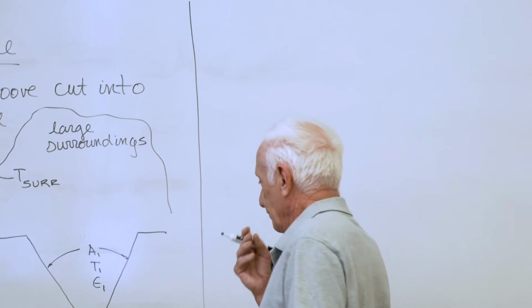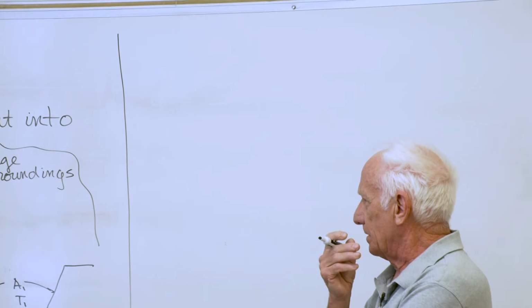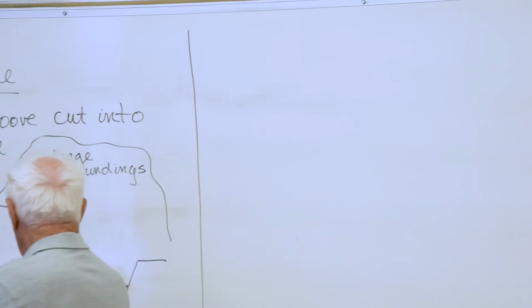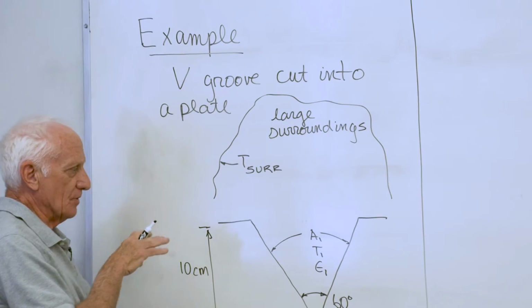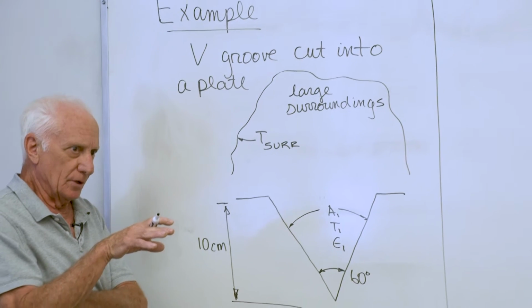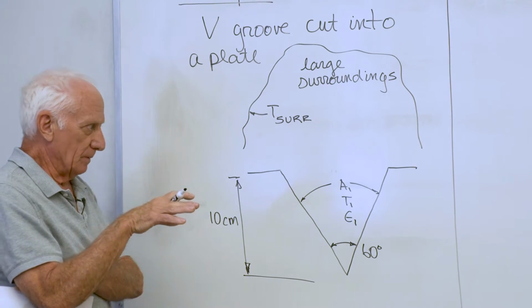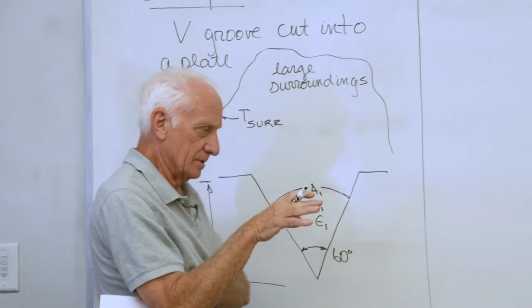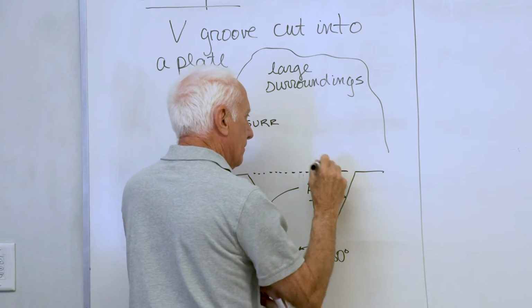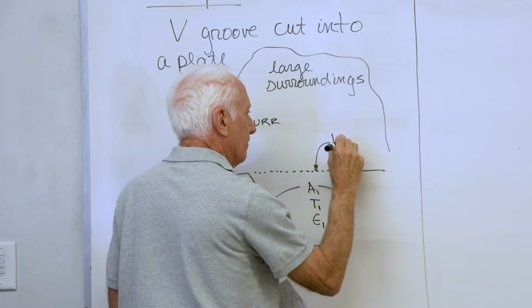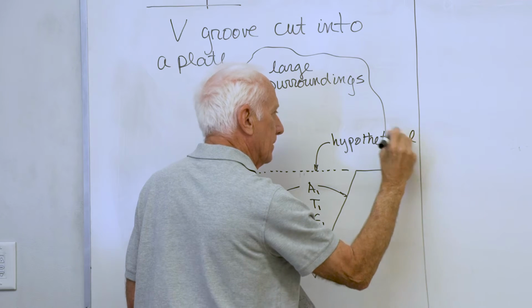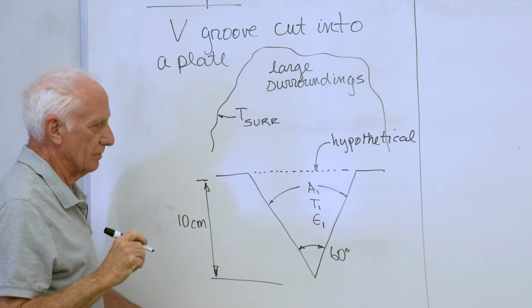We've talked, I think maybe briefly, about this with view factors, but here's what we do. We need to construct an enclosure. That's important. So what we're going to do is put a hypothetical surface across the groove.